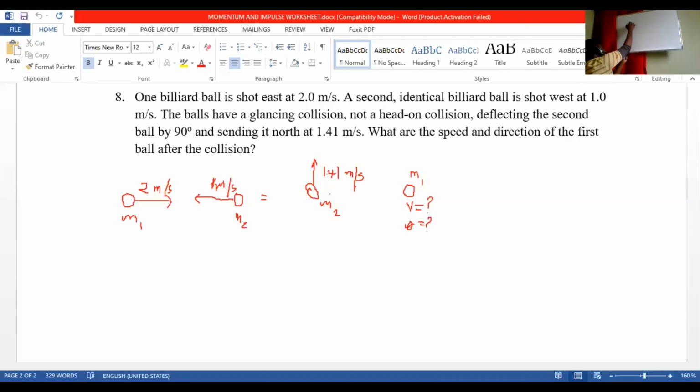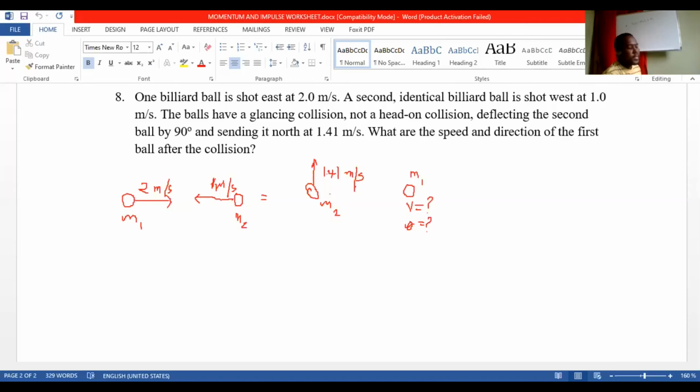So we go to the x-plane momentum before, which tells us that it's M1, and let's call that V1, plus, but because M2 is going to the left, the velocity makes it negative, so it's minus M2 V2.